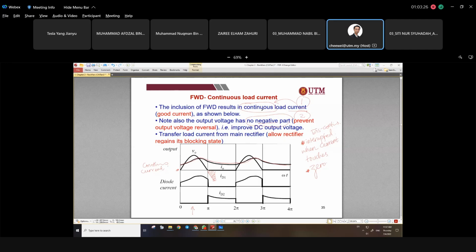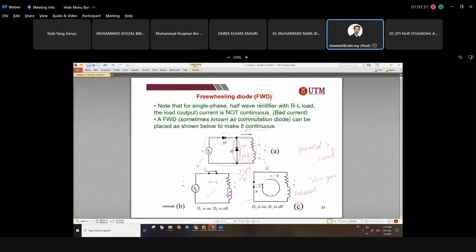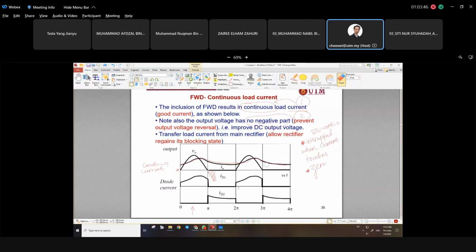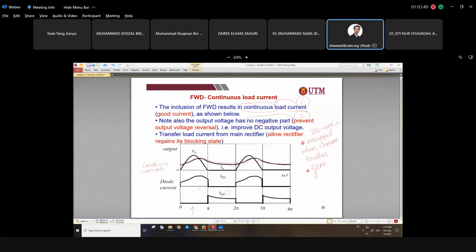Because when the freewheeling diode is conducting, the source is being disconnected from the negative half cycle operation. That's why V out is 0. So the negative part is being eliminated. Rub it off. So you see that the waveform is only positive half cycle, 0, positive half cycle, and repeats. Okay, that is how the current becomes continuous.